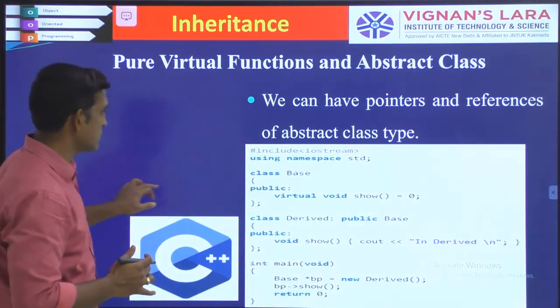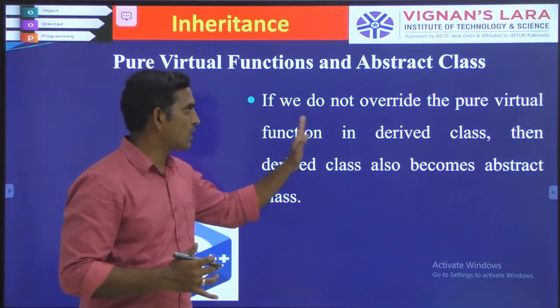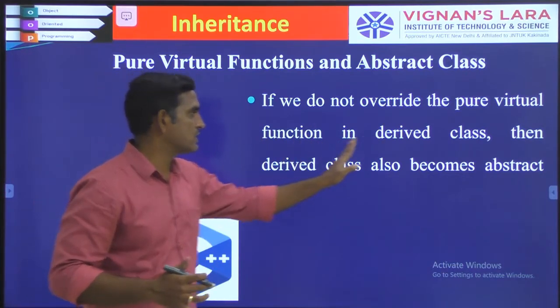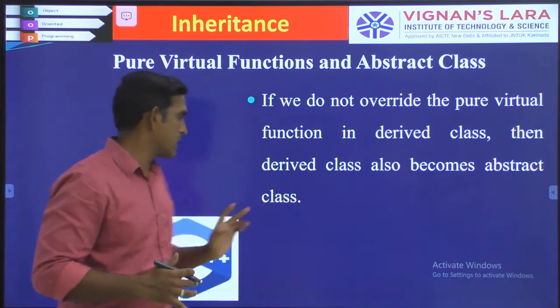The third thing you have to know is, if you do not override the pure virtual function in the derived class, then the derived class also will become an abstract class.